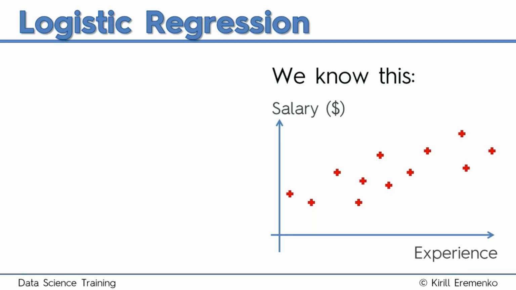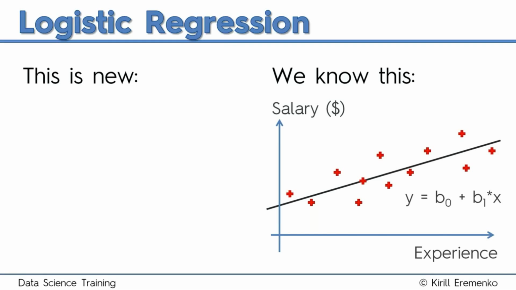How do we create a model here? We use a simple linear regression. It puts a line through our data, and that line is modeling our observations. So we can forecast things and compare our actual observations to our model and so on. We know how to deal with problems like that.